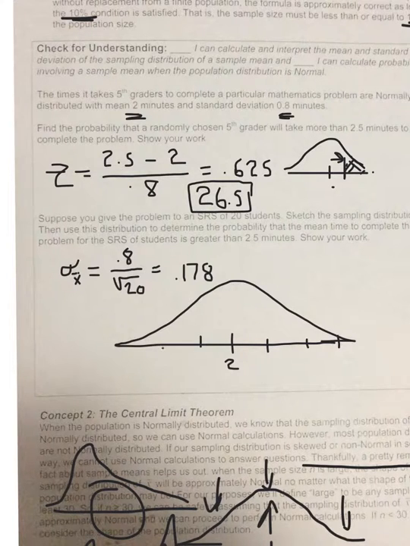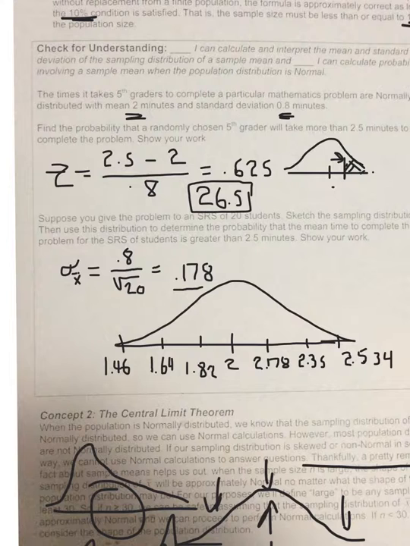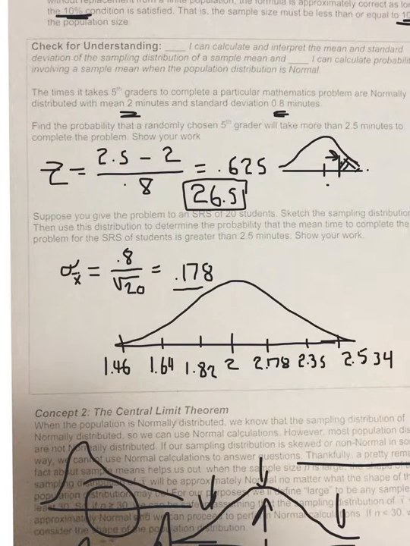So I'm going to add 0.178 to 2, and then do it again and again and again. So I'll fill that in. So if we look at this, I just added 0.178 each time.